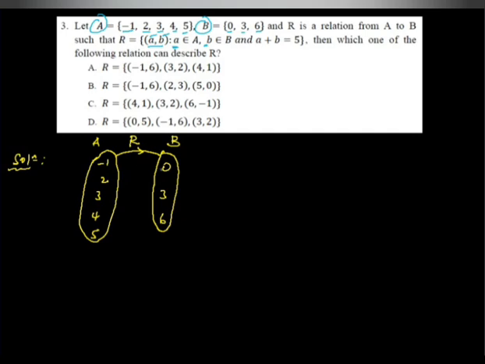The relation R is a set of ordered pairs where the sum of the entries is 5. Only the pairs whose first entry and second entry add up to 5 are taken as members of relation R. So -1 can be paired with 6 because the sum of -1 and 6 is 5, and we can also pair 5 with 0, right?